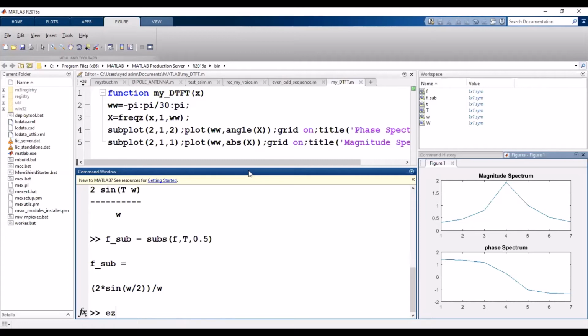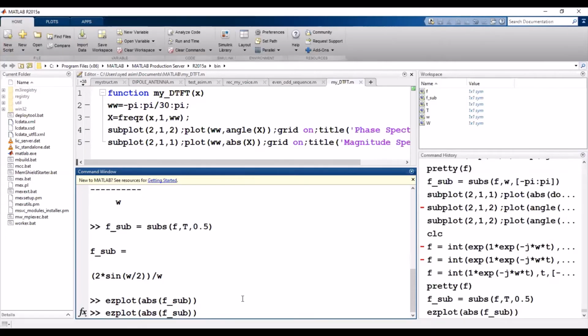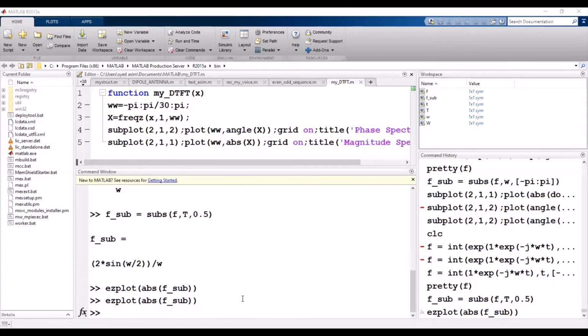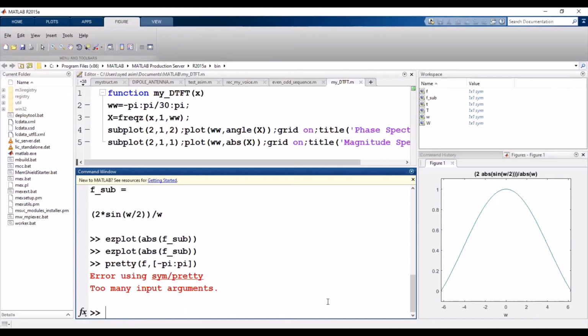So ezplot. We have a graph in this diagram. Let me plot again. So that is basically our magnitude spectrum. Again ezplot f from minus pi to pi.